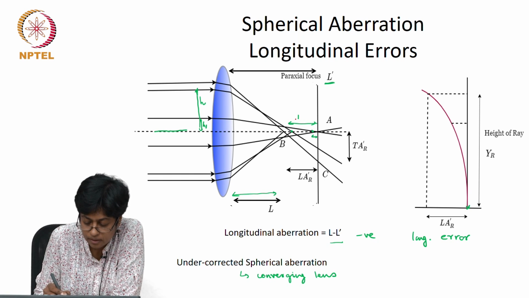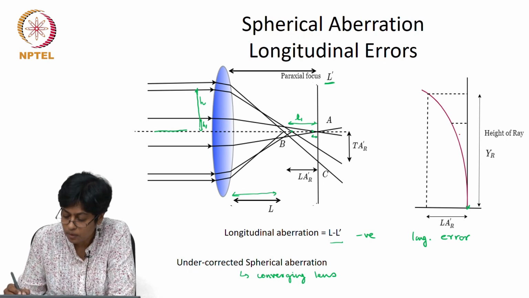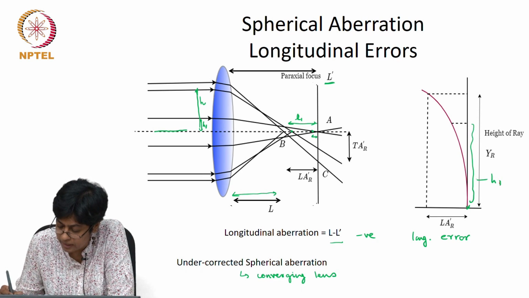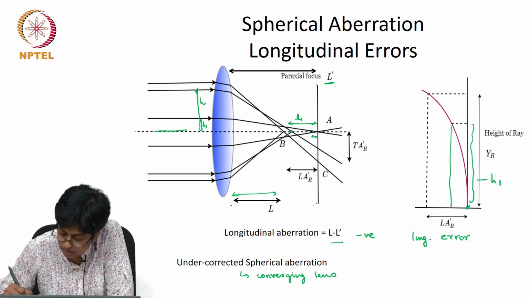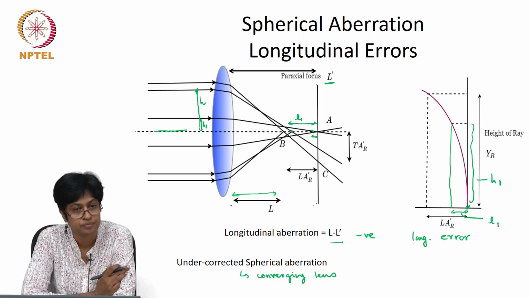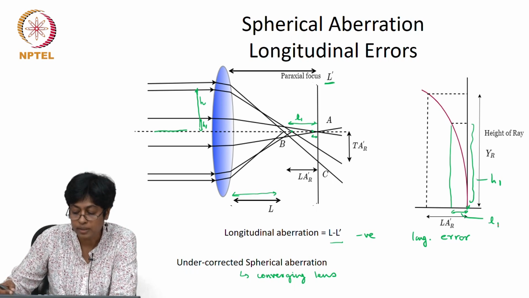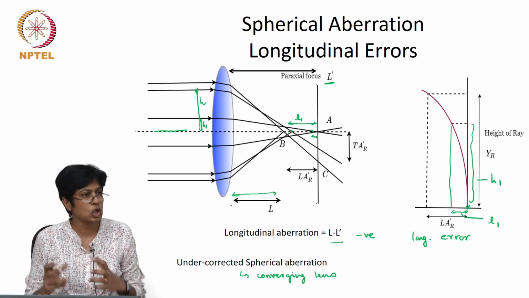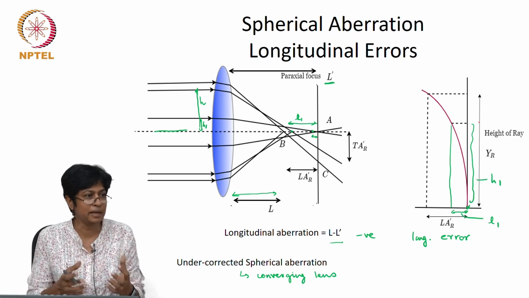Let's call that L1. So this corresponds to the ray with height h1 and this distance corresponds to the error L1.